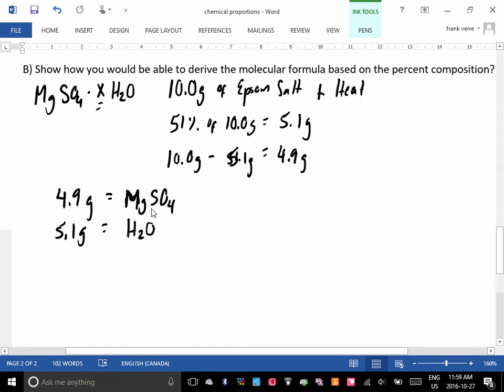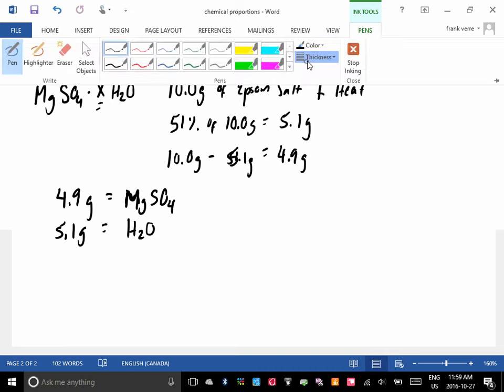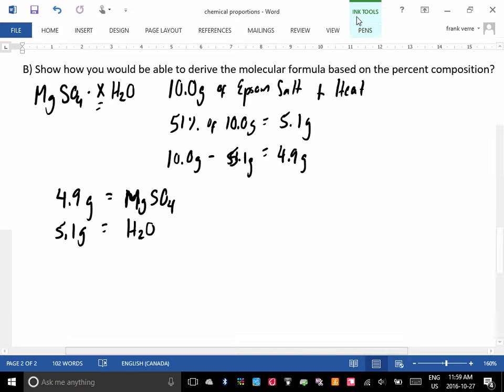Now, here's what we're going to do. Again, think in terms of moles. What does 4.9 grams of magnesium sulfate represent in terms of moles?